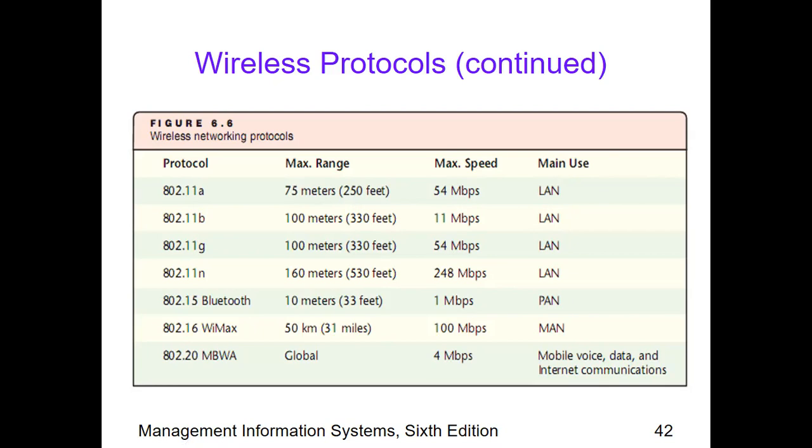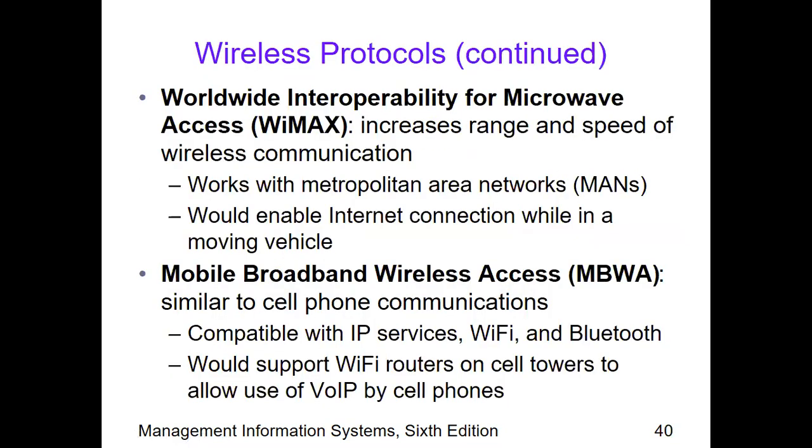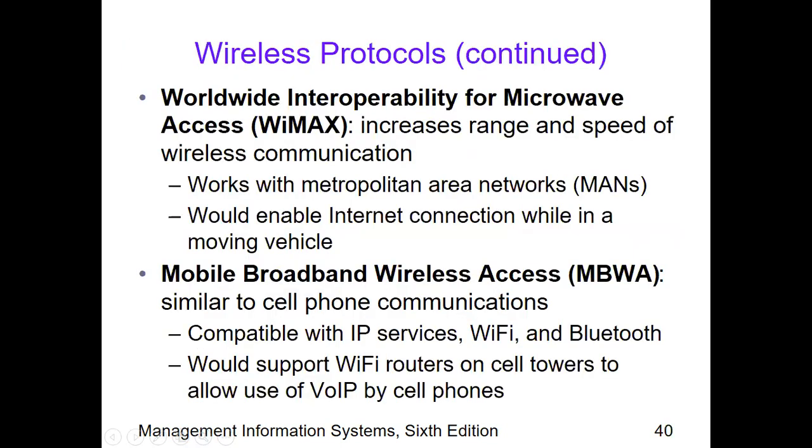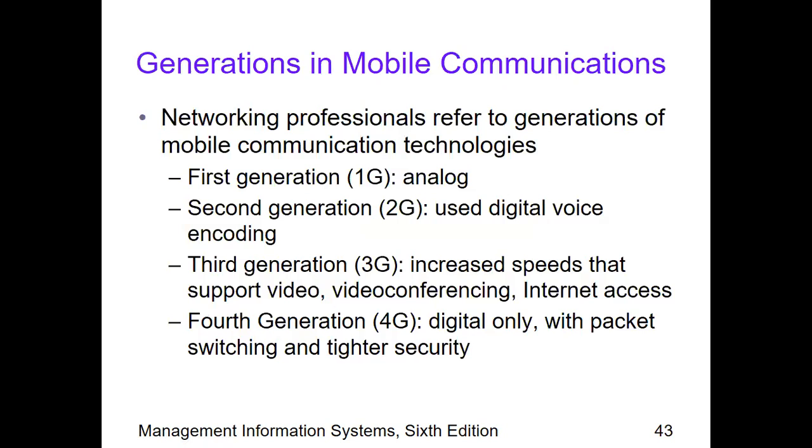But if we talk about the PAN or personal, as mentioned a while ago, we have the Bluetooth protocol. For the metropolitan, we have WiMAX. And if we talk about global, this is nice, the MBWA, which is for mobile voice, data, and internet communications, mobile broadband wireless access used in, again, cell phones.